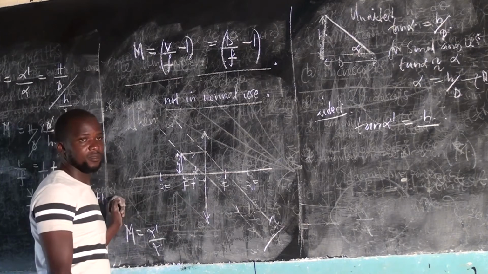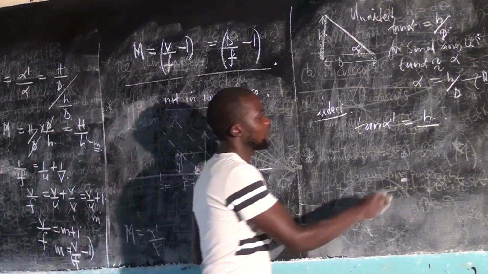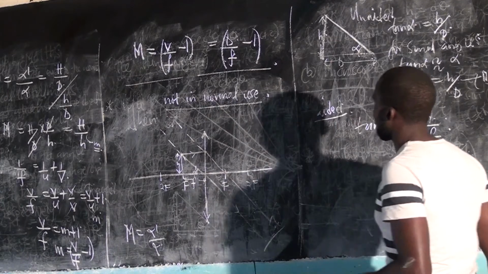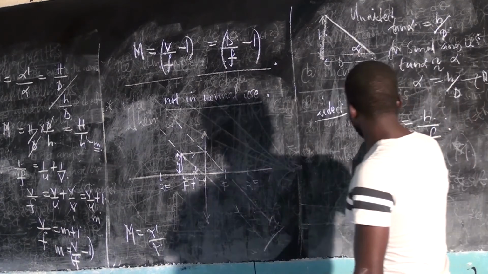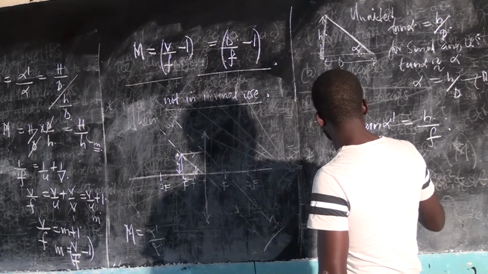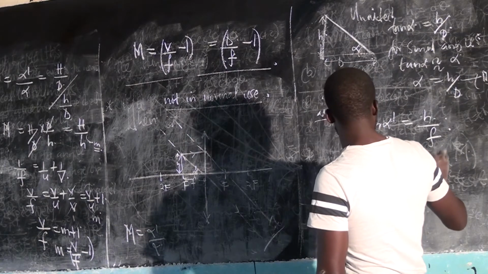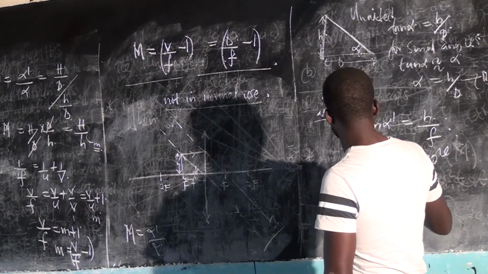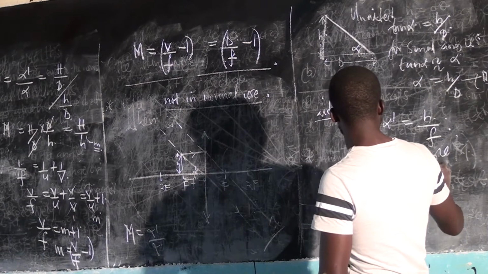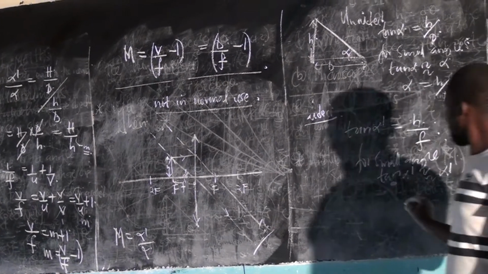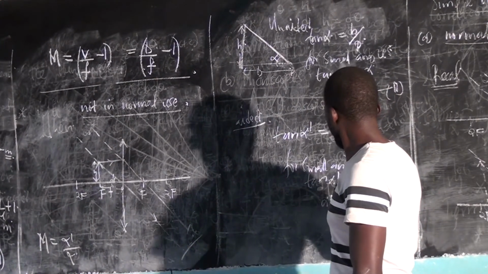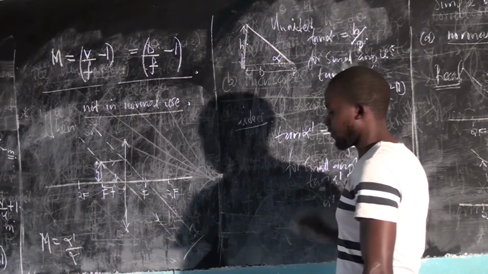So I just have h over f. That means that for small angles, tan of alpha prime approximates to alpha prime. It would mean that alpha prime becomes h over f.